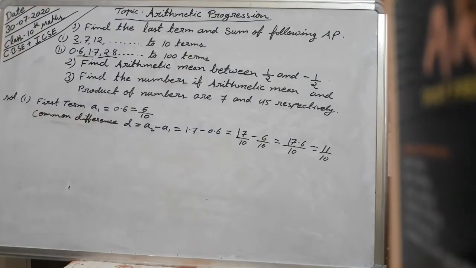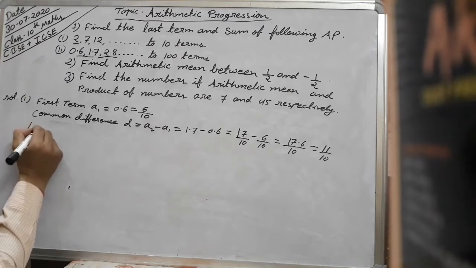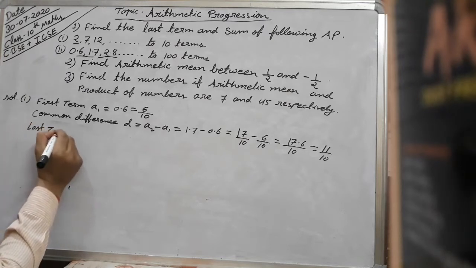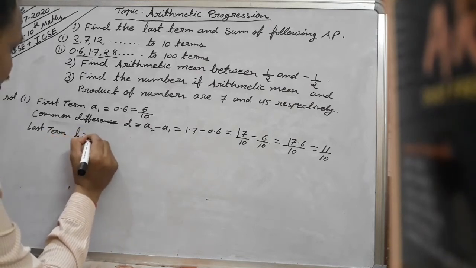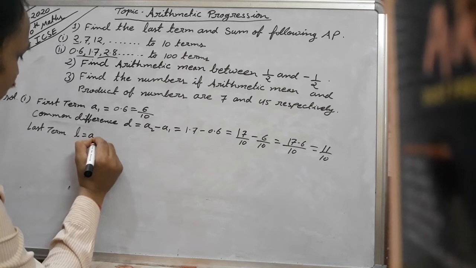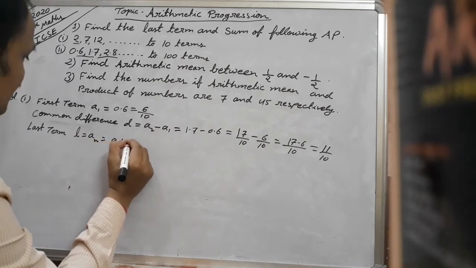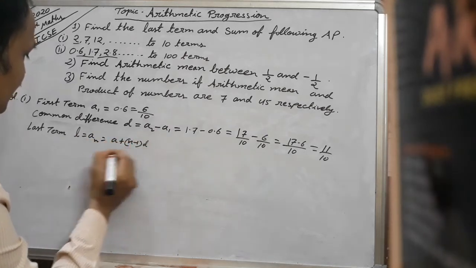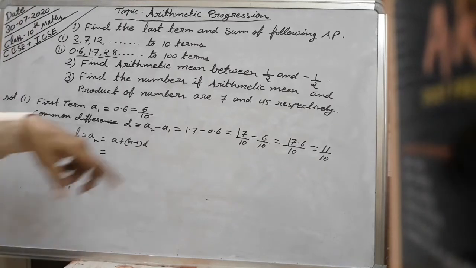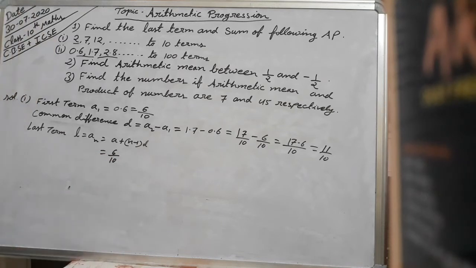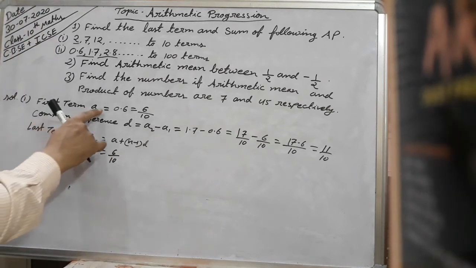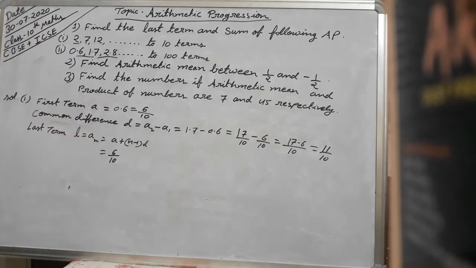Now again the last term formula. Last term is denoted by small l or nth term, both are equal. An is equal to A plus n minus 1 D. What is A here? 6 by 10. You can write A1 or A, the meaning is the same.